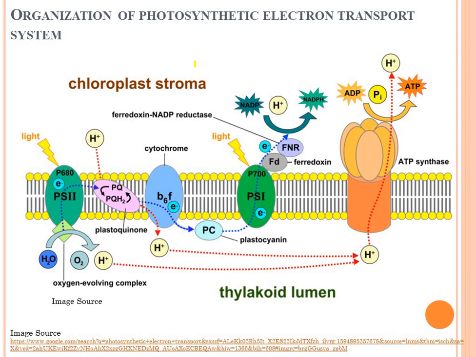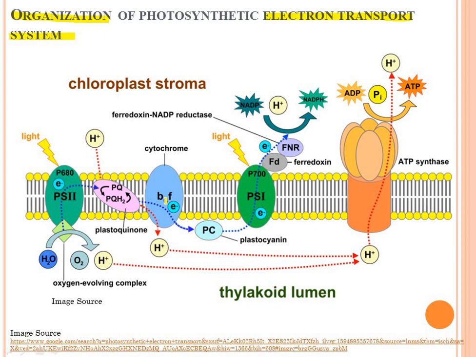Now we are discussing the photo part, because we already studied photosystem 1 and photosystem 2, and these photosystems are part of cyclic and non-cyclic photophosphorylation, which synthesize ATP and NADPH2. See the organization of the photosynthetic electron transport system, also known as ETS.